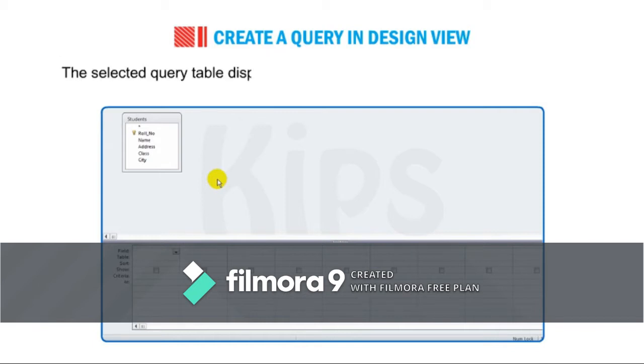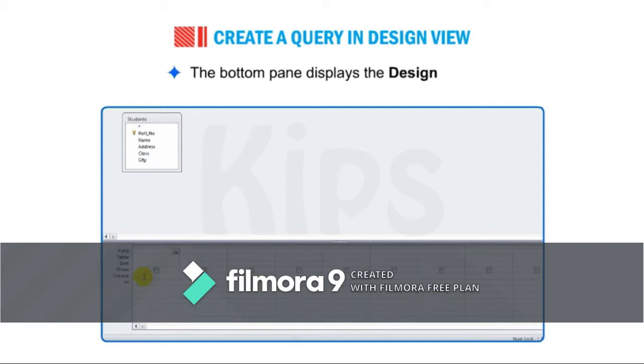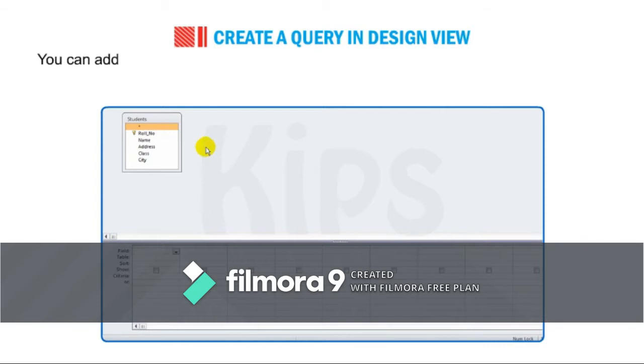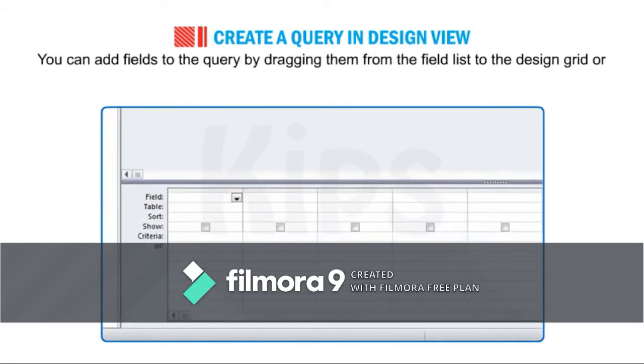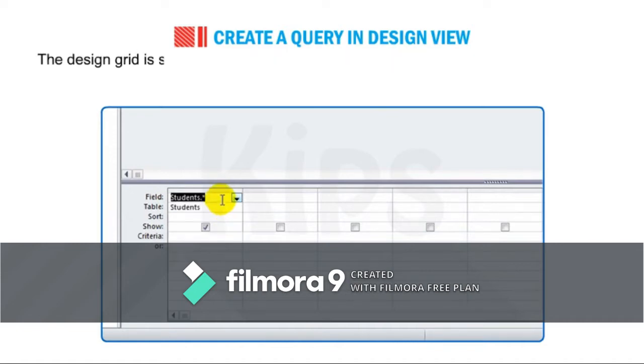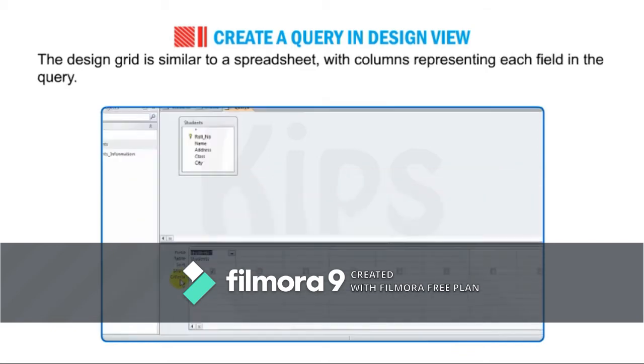The selected query table displays a list of fields which you can add to the query. The bottom pane displays the design grid. You can add fields to the query by dragging them from the field list to the design grid or by double-clicking on the field. The design grid is similar to a spreadsheet with columns representing each field in the query.